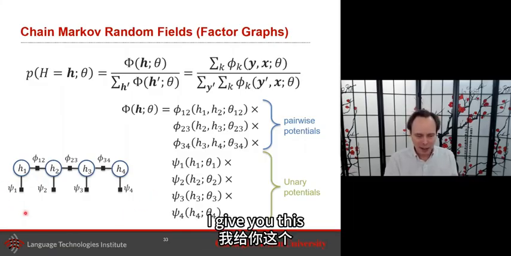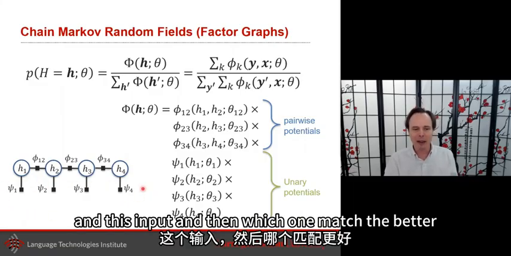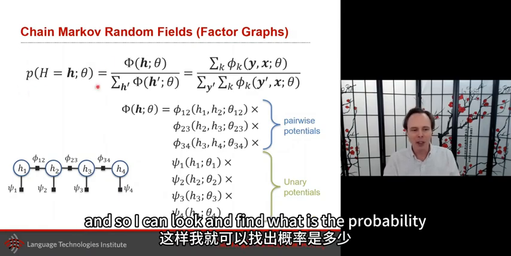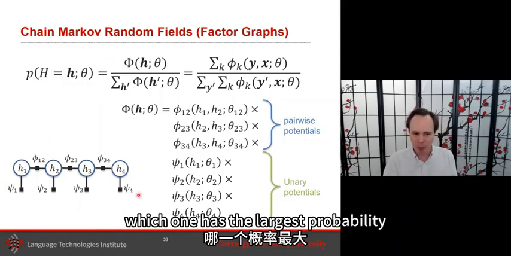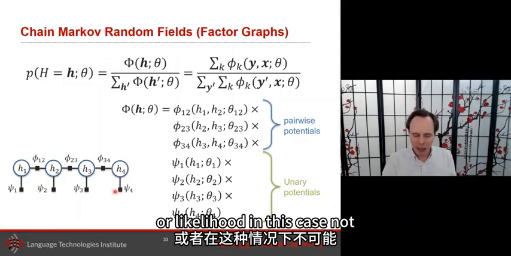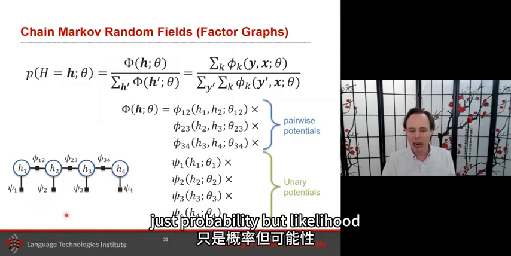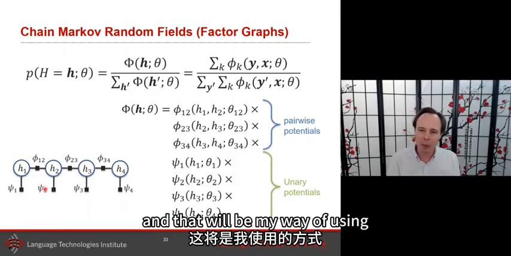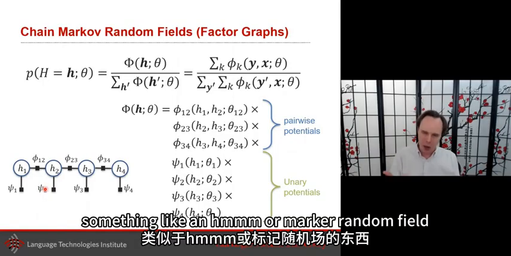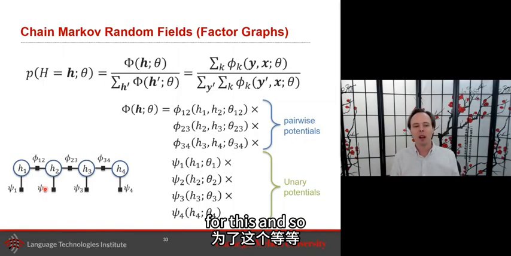I give you this input, and then which one matches the better. And so I can find which one has the largest probability, or likelihood in this case, not just probability, but likelihood. And that will be my way of using something like an HMM or a Markov random field for this.